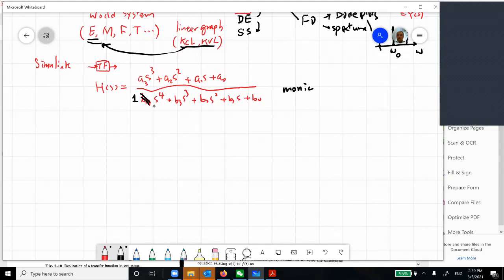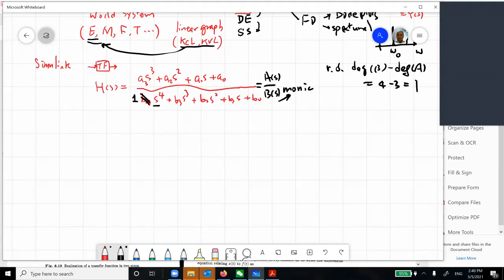The highest order is here. Let's call this A(S) divided by B(S), where B(S) is monic. The relative degree is the degree of B minus the degree of A, which is 4 minus 3, which is 1. So this is called relative degree.